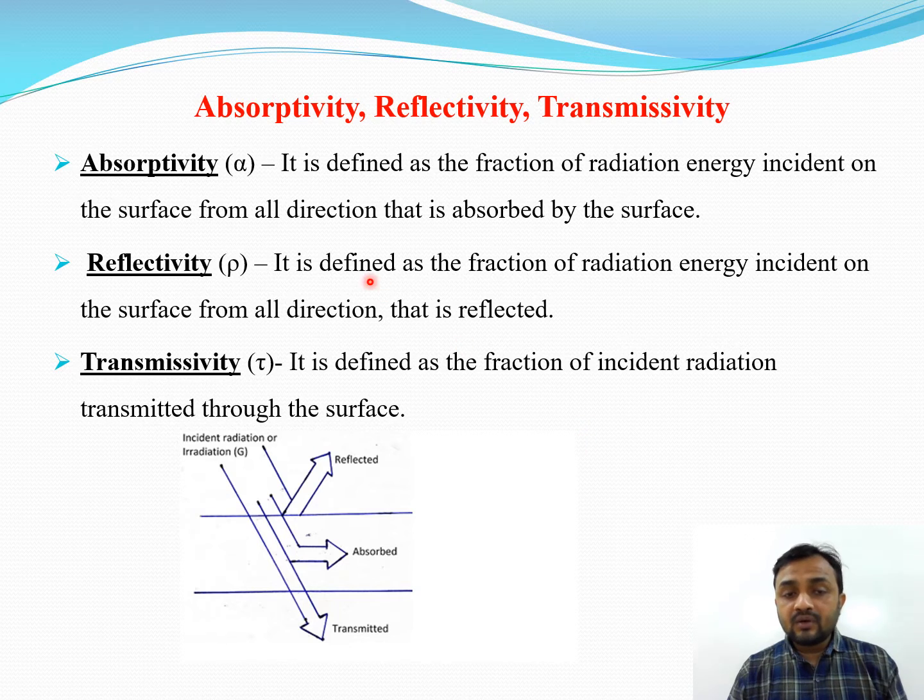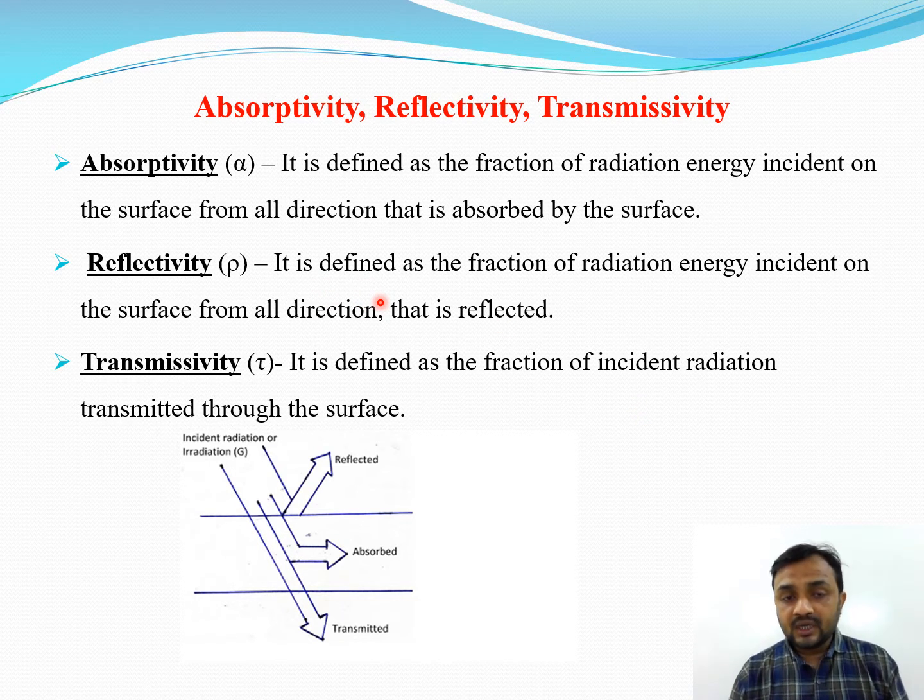Again, we will discuss your absorptivity, reflectivity, and transmittivity. Absorptivity is termed alpha, reflectivity is termed rho, and transmittivity is termed tau. Okay. So, what is absorptivity?